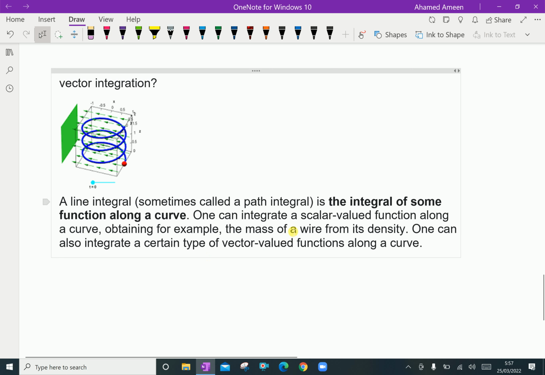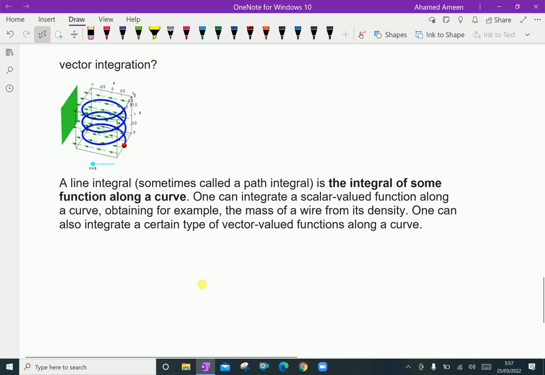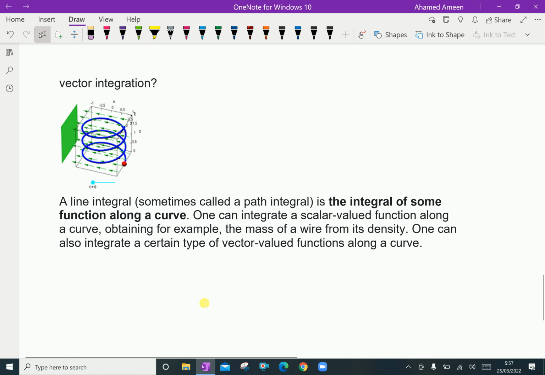One can integrate a scalar valued function along a curve, obtaining, for example, the mass of a wire from its density. One can also integrate a certain type of vector valued function along a curve. That means for a vector valued function, we can find the value of that vector along some particular curve. For the discussion, we'll discuss in future videos.